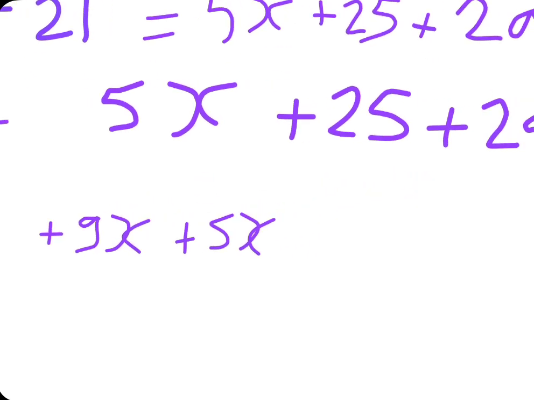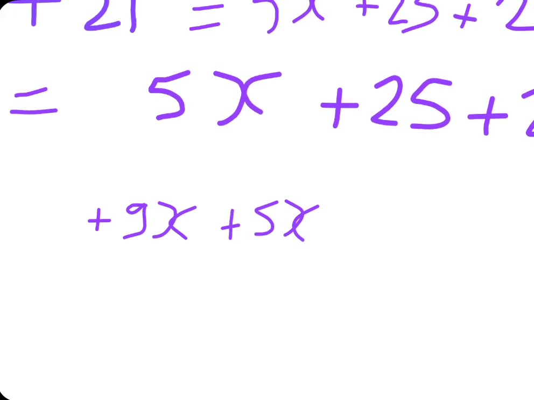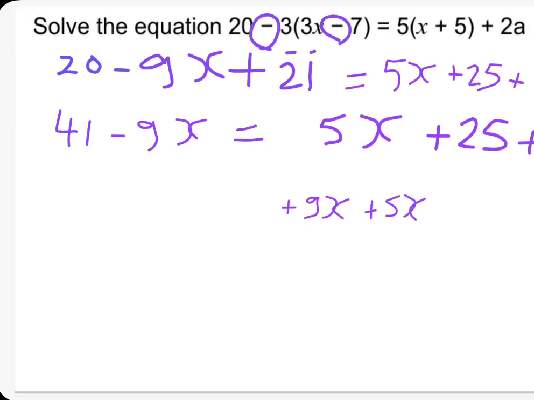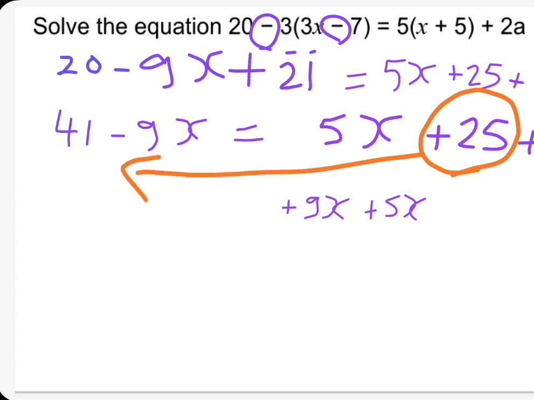Very good. Let's do it here. Positive 9x. And then we have positive 5x here. And then, same idea for this number here, or the constant. We're going to take it to the other side, and it's positive, so it's going to be negative in the other side.